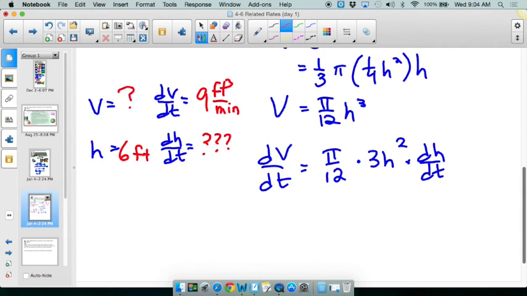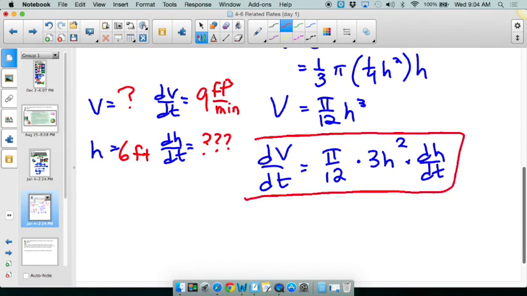Does it matter that we don't know the volume? Why doesn't it matter? It's not in the derivative. Yeah, exactly. So we don't really care. Don't know, don't care. It's one of those nice ones. So how much is my dV/dt? 9. We really have pi over what number? Pi over 4, right? 3 on the top, 12 on the bottom.